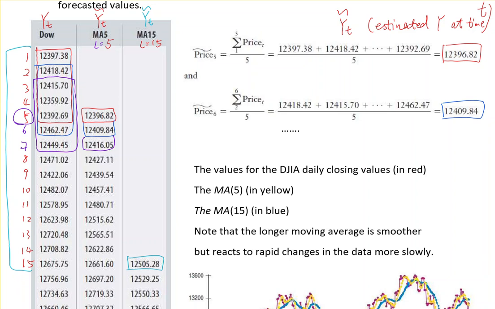For the first one, you sum up the first 15 of them and get the average. How to get the next value? It will be from 2 to 16. How to get this? It will be from the 3rd to the 17.